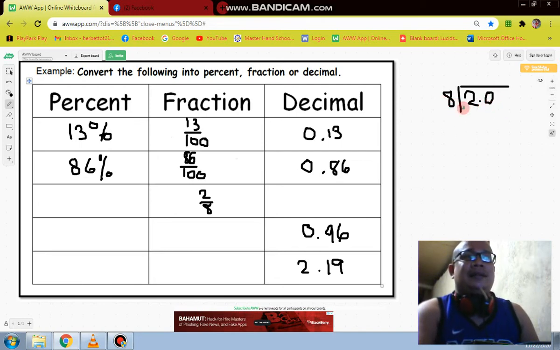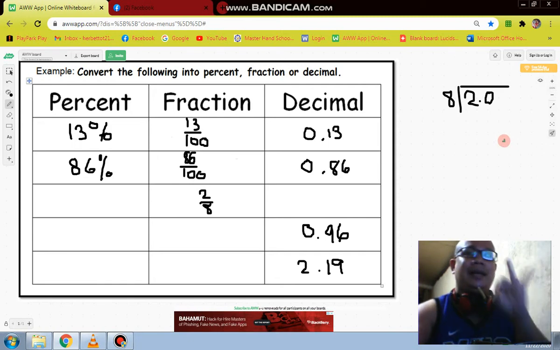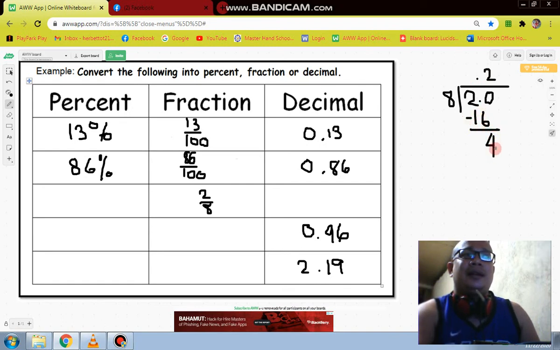divided by 8. How many 8s are there in 20? 8, 16, 24, so it's only 2. Don't forget to copy the decimal point above. 2 times 8 is 16. 20 minus 16 is 4, so we still have a remainder.